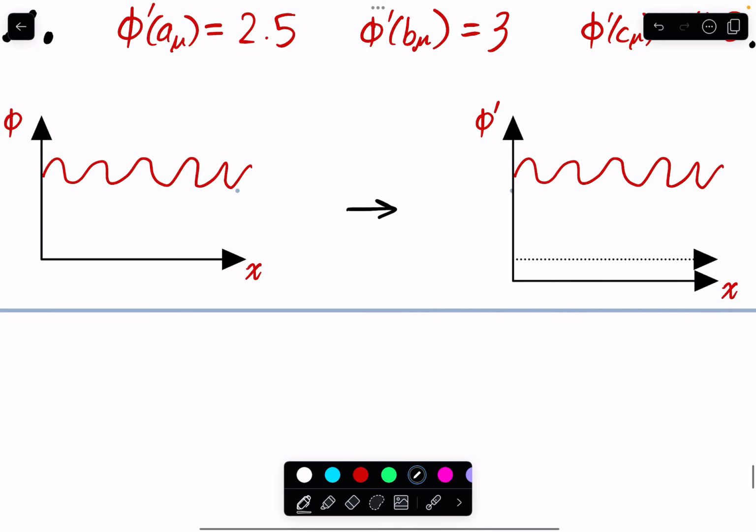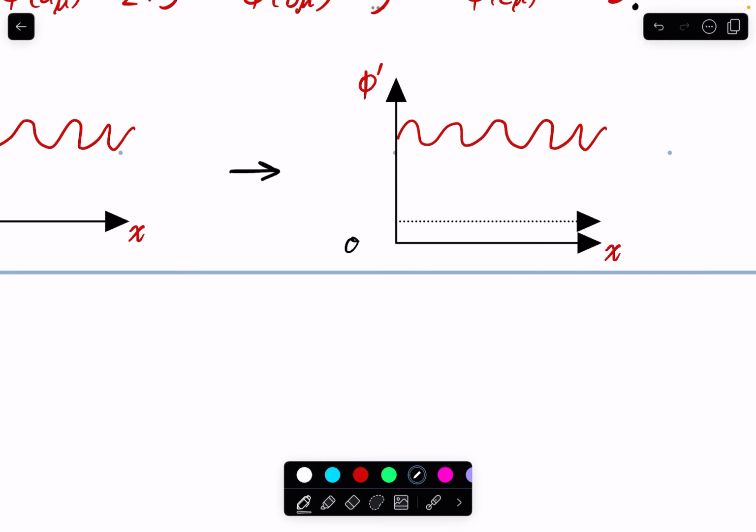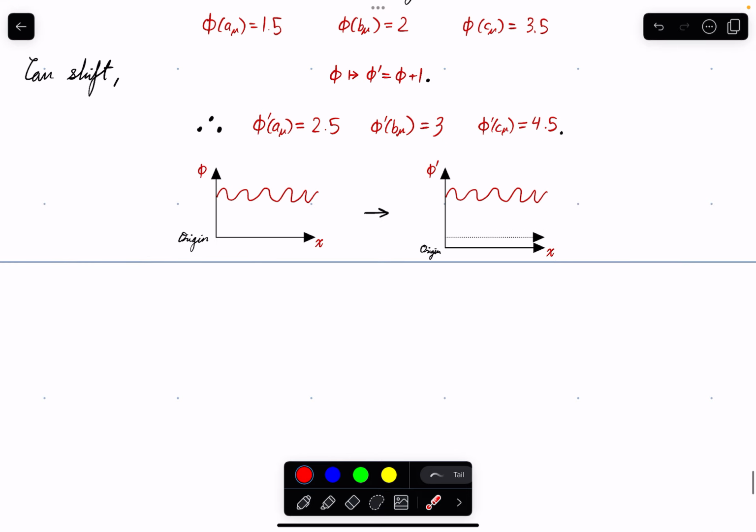So this would be the origin, but now your new origin is here. So you have this extra plus 1. So you can see that physically these are the same field, but now your origin is shifted down 1, which increases the value of the field. So shifting the coordinate system down 1 is the same as adding 1 to the field.